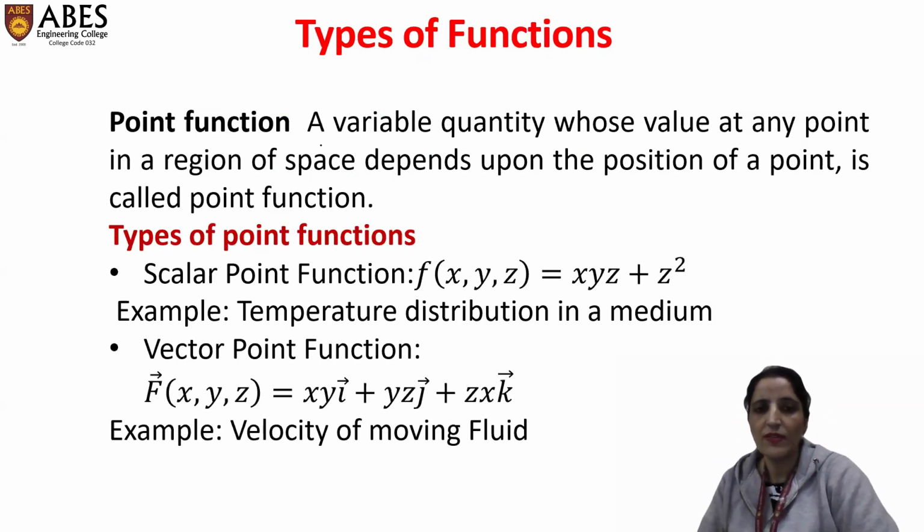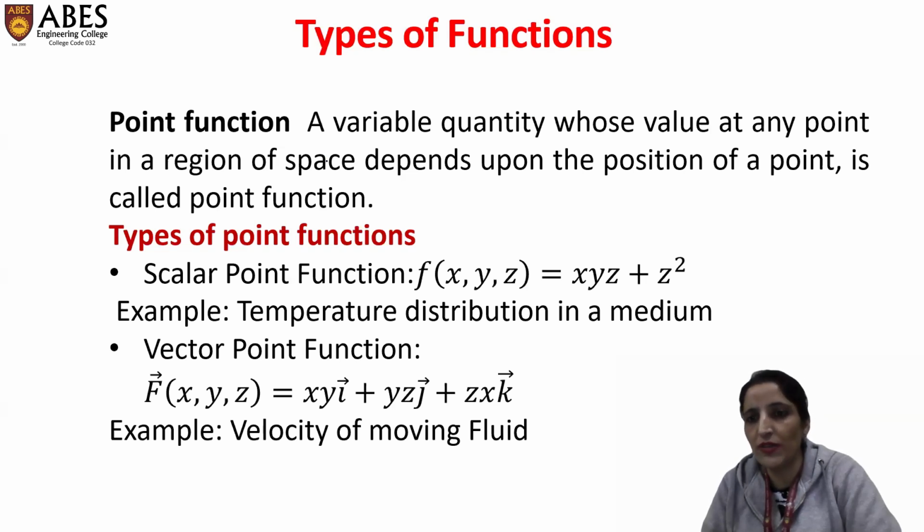When we discuss vectors, there are two types of point function. A point function is a variable quantity whose value at any point in a region of space depends upon the position of the point, and it is called the point function. There are basically two types of point function. One is the scalar point function. One example of a scalar function is the temperature distribution in a medium.